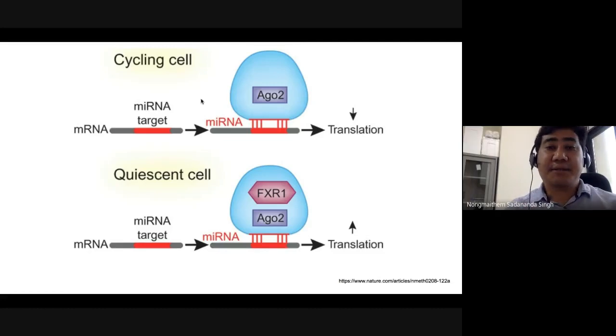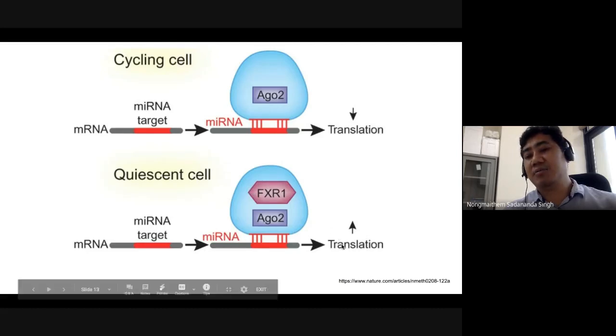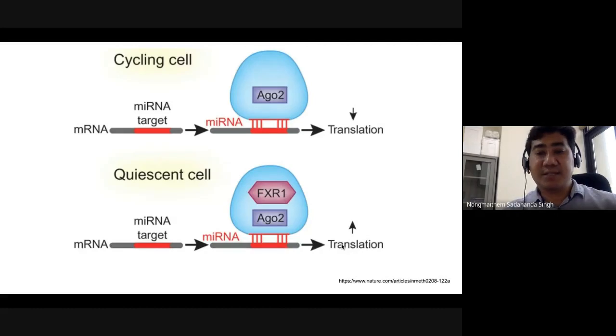But when the cell goes into a quiescent or non-dividing state, many times it recruits AGO to the microRNA RISC component, and recruits factors like FXR1 that don't allow degradation of mRNA. Rather, it stabilizes the RNA and increases the translation of the target mRNA.